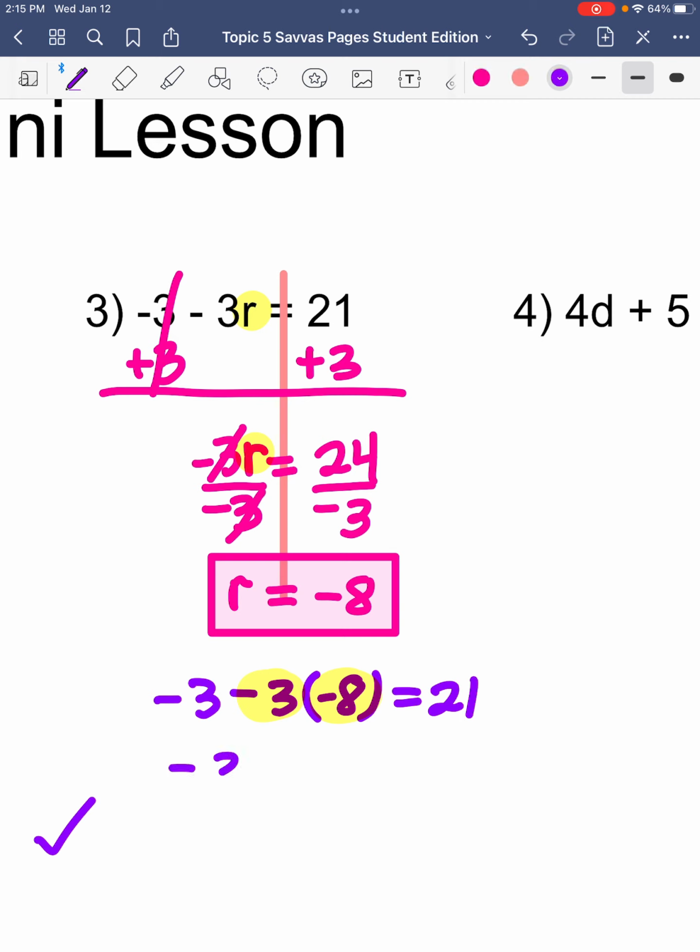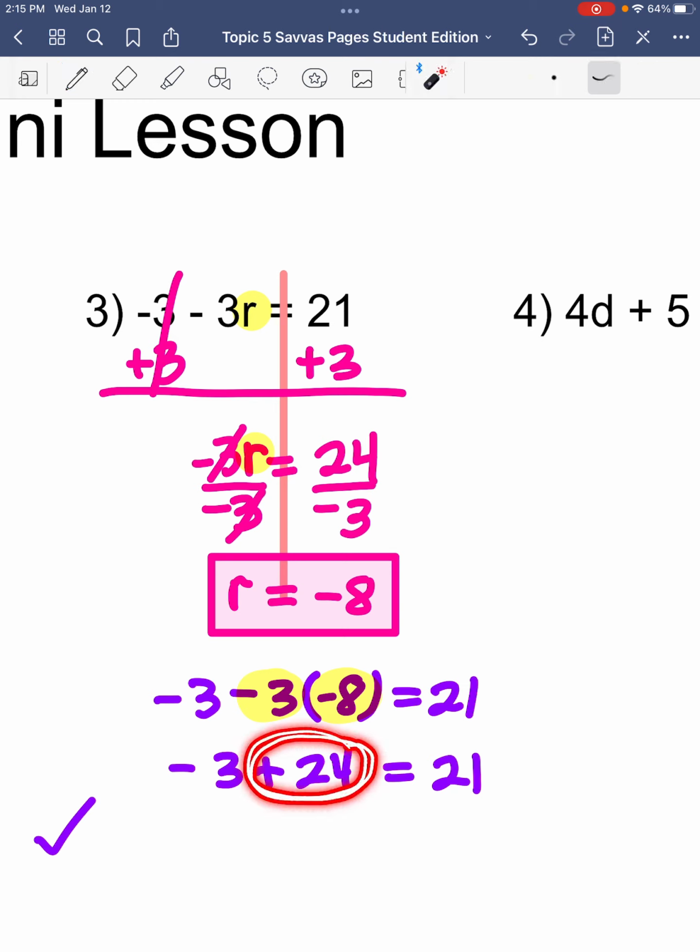So we have -3 plus 24 equals 21. Okay, so again, that's a positive 24 because like we had mentioned before, a -3 times a -8 gives you a positive product of 24.